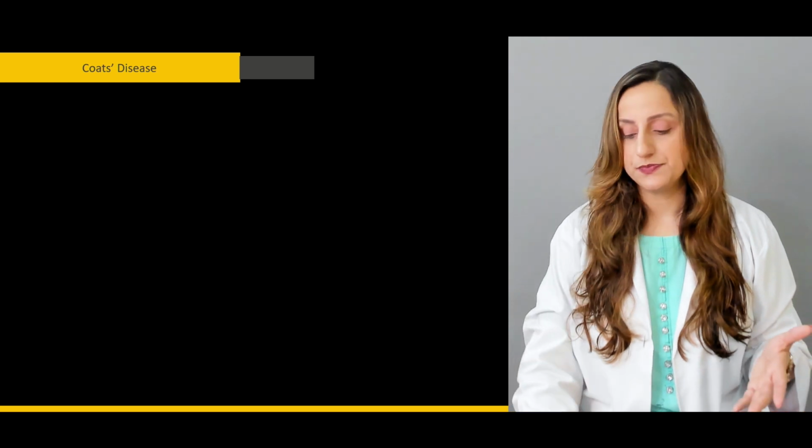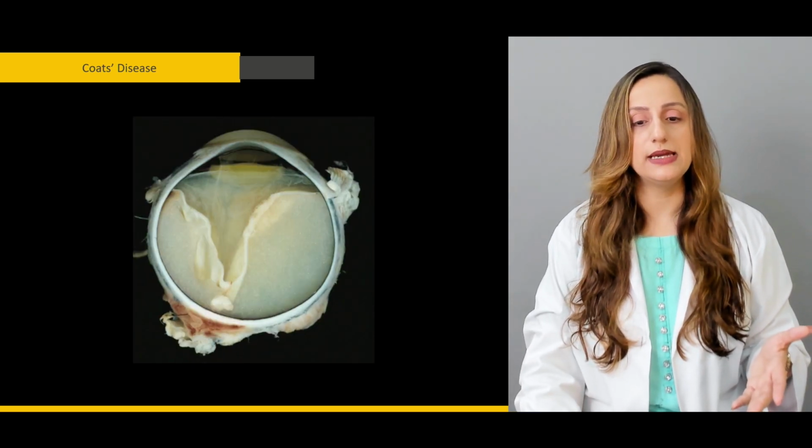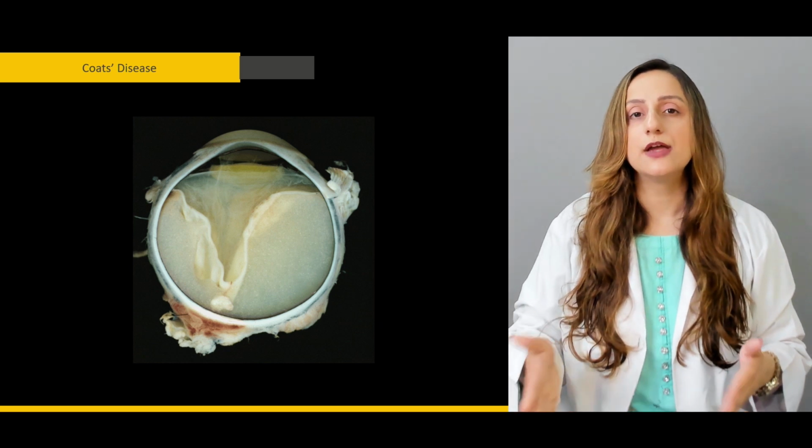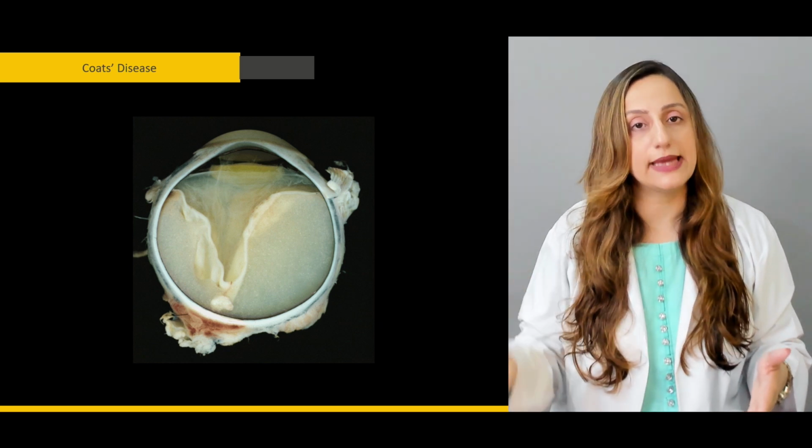Then finally, we have Coats disease. Coats disease is again a retinal vascular disease affecting the most central vision in the individuals. It's a congenital disorder. And again, it is going to be seen like this. The milky white appearance is sometimes confused with congenital cataract.